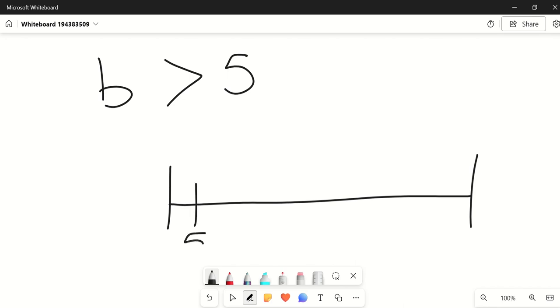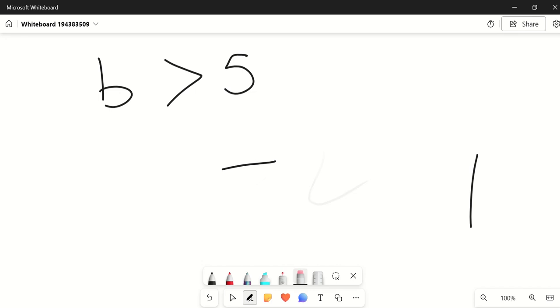So it should be 5, arrow pointing to the right, solid or hollowed out dot? Hollowed out. Normally it's called an open or closed dot. Open means it's hollowed. Closed means we fill it in. Okay? So you got that one down. Let's do another one.